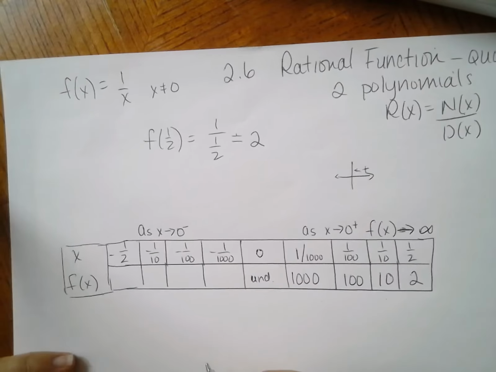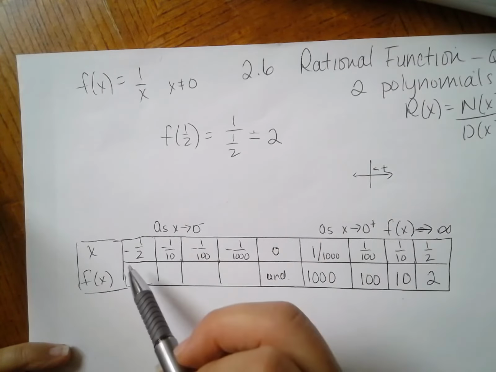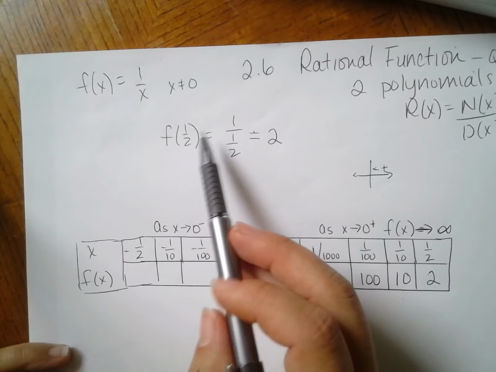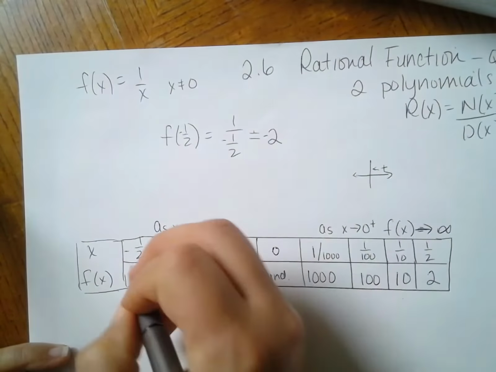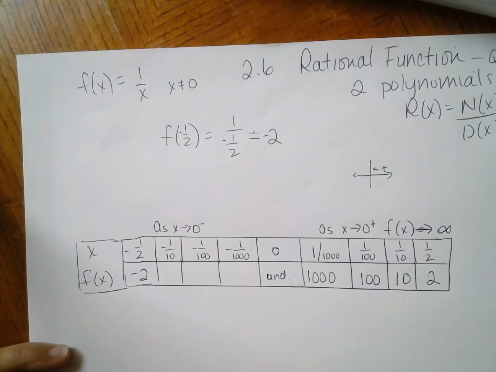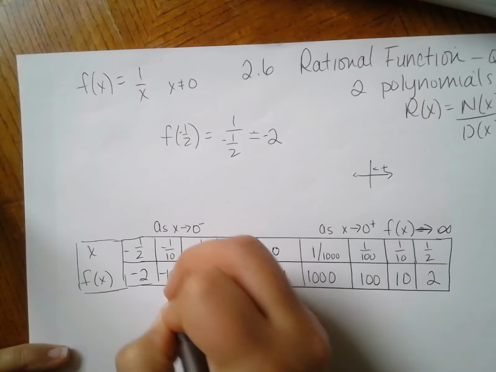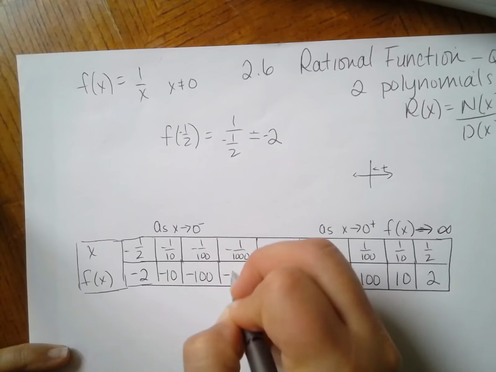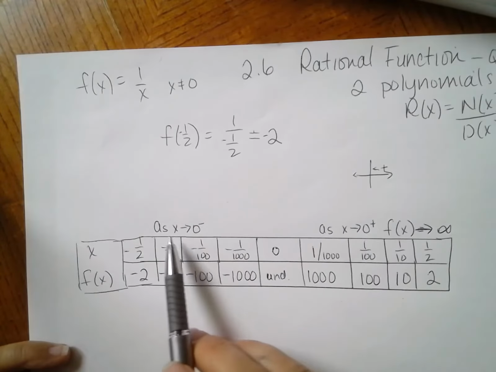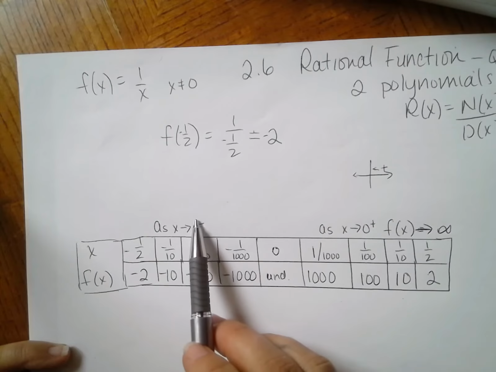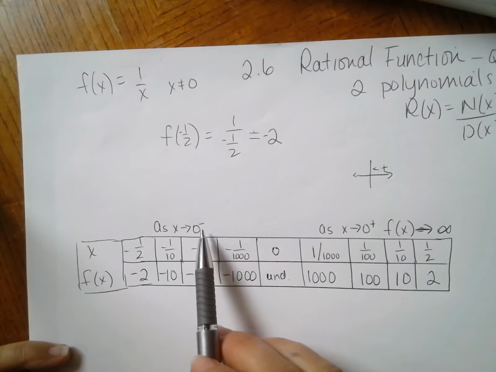All right, so let's look from the other side. Here's my f of a half. If I plugged in negative a half, then I would get out negative 2. And by that same argument, I'm going to get out negative 10, negative 100, and negative 1,000. And so now, as my x is approaching 0, this time from the left is what we say.